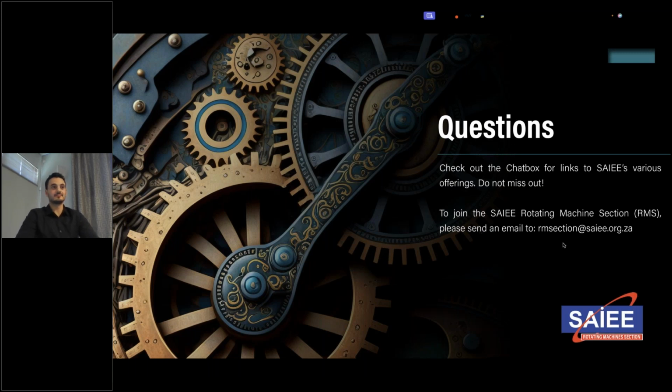I've got a question here from the online audience from Reino Gerber. He says, good day, this was an interesting study. I assume this WRSG will be directly connected to the grid. What is the active and reactive power compensation of these machines under fault conditions, and how does this compare to a PMSG? That's the first question. Do you want to answer that first and I'll go to the second one?